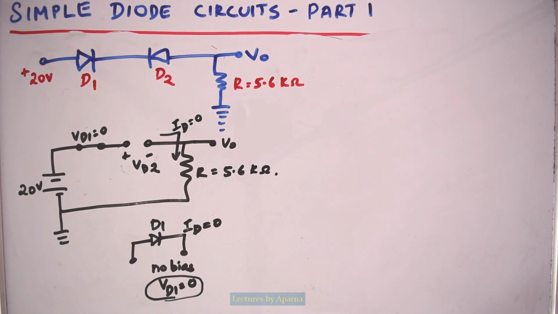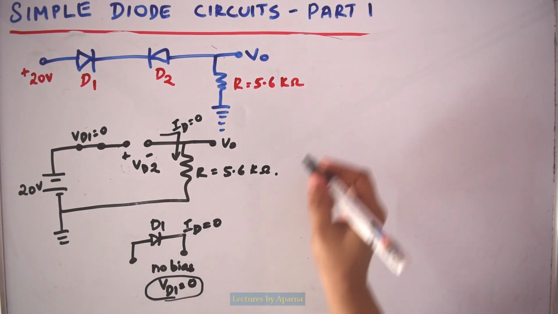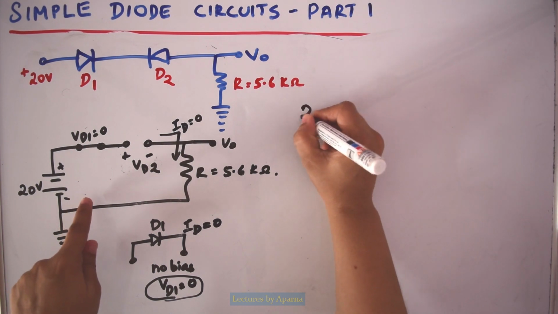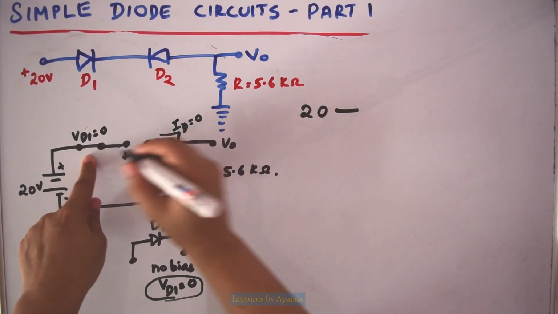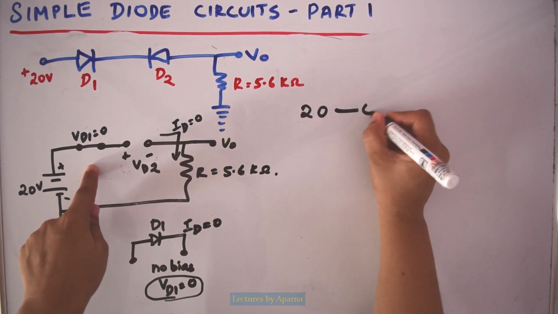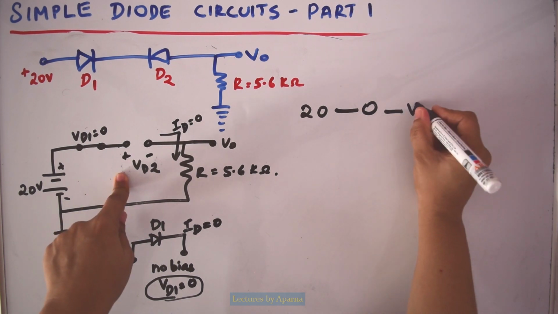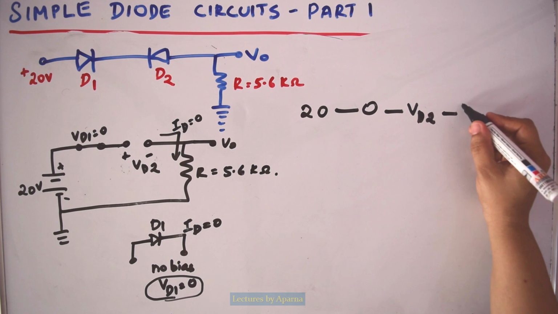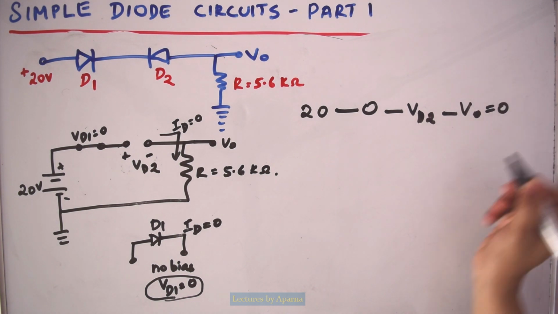So now we have to apply the Kirchhoff's voltage law. So you get 20 minus VD1, VD1 is 0 here, minus VD2 minus V0 equal to 0.